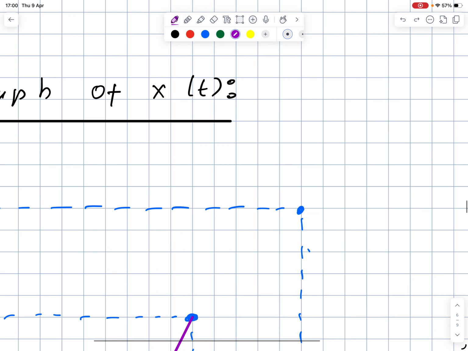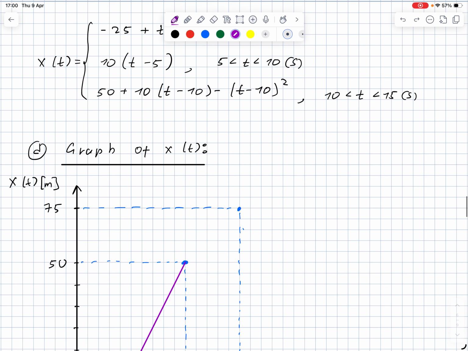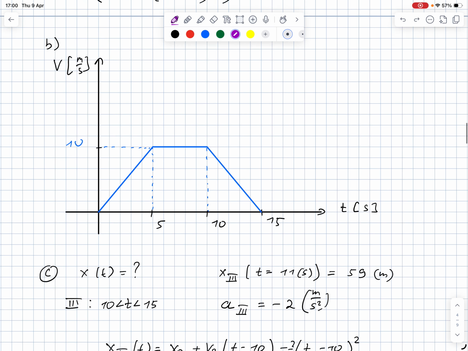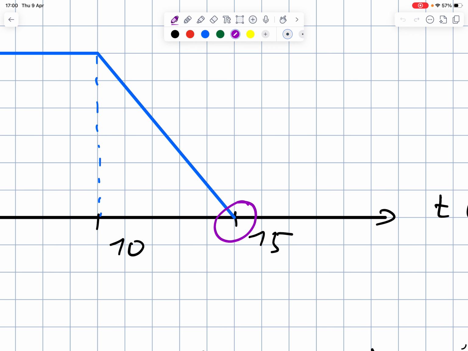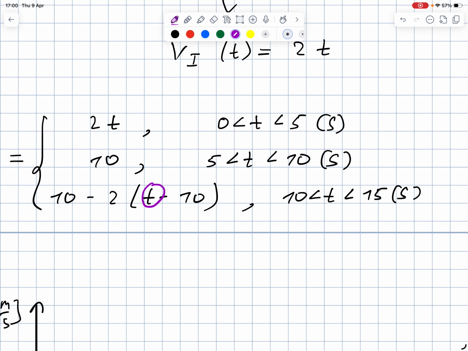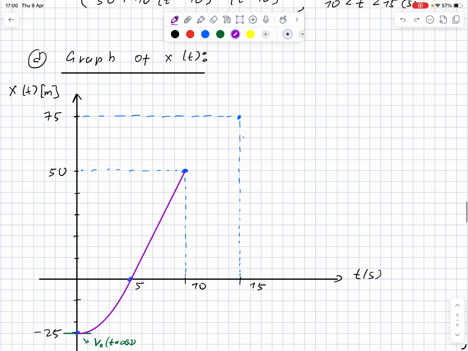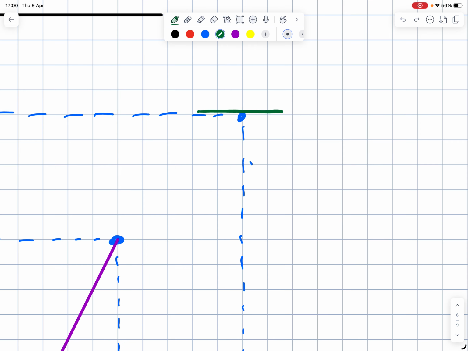Now, when we look at the time of 15 seconds, the velocity is given by 0 meters per second. Or you can actually add t equals 15 seconds here, and you get that the velocity equals 0 meters per second. But as I said before, this is actually the instantaneous velocity, or instantaneous slope at this point.